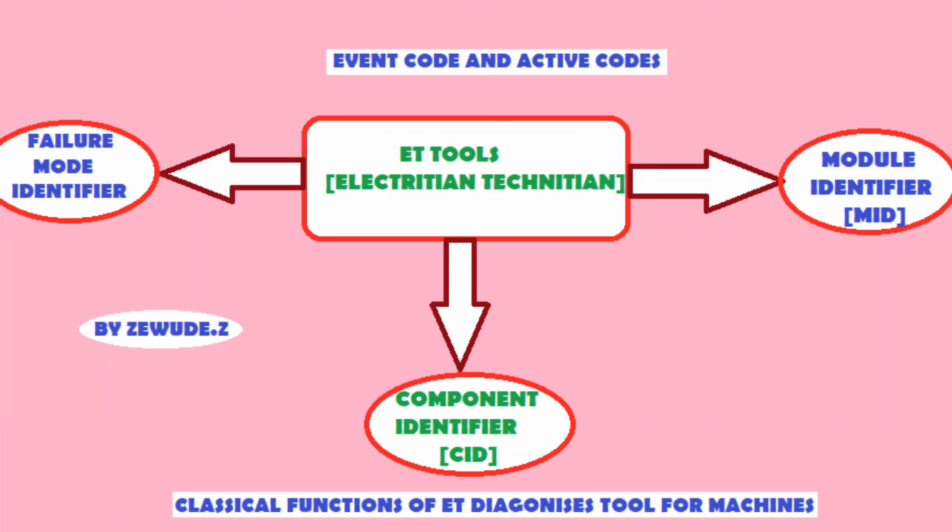So these three things, the MID, FMI, and CID, modular identification, failure mode identification, and component identifier, along with the active and event codes, are some of the most important parameters that I'm going to mention to you.